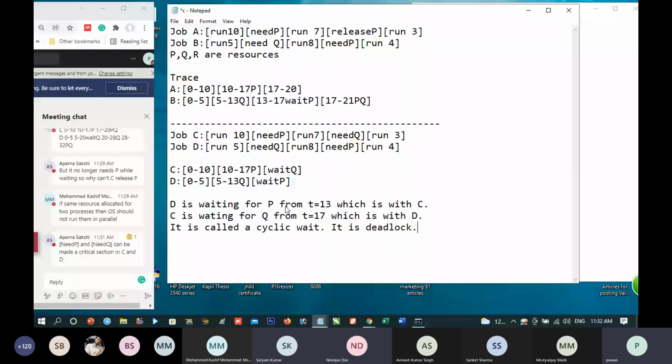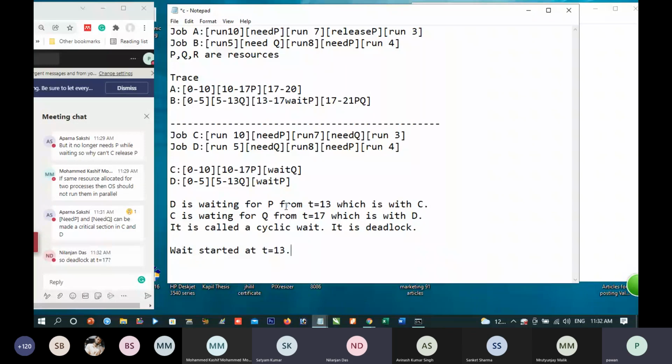It started at T equal to 13. Deadlock started at T equal to 17. That is correct. Nilanjan, you are fully correct.